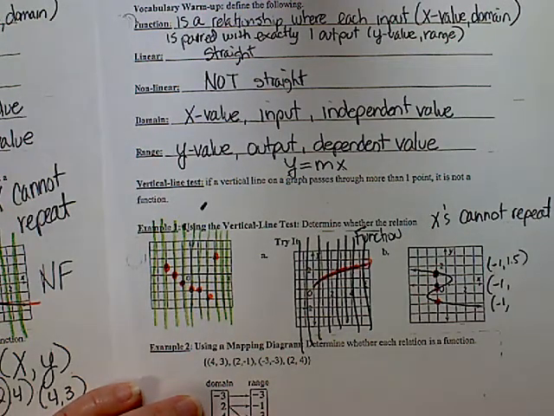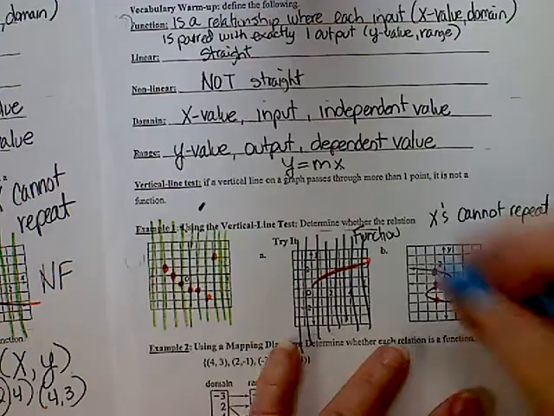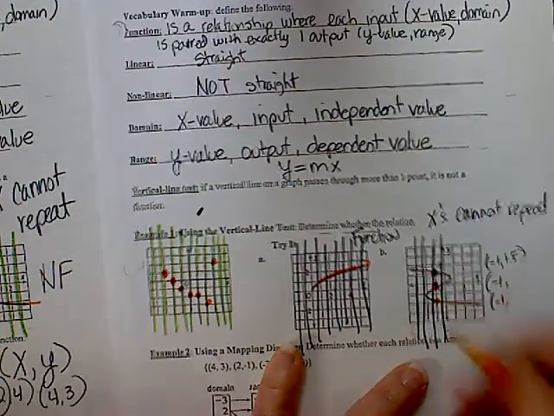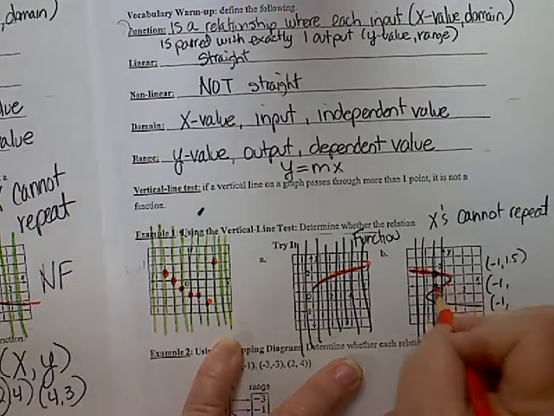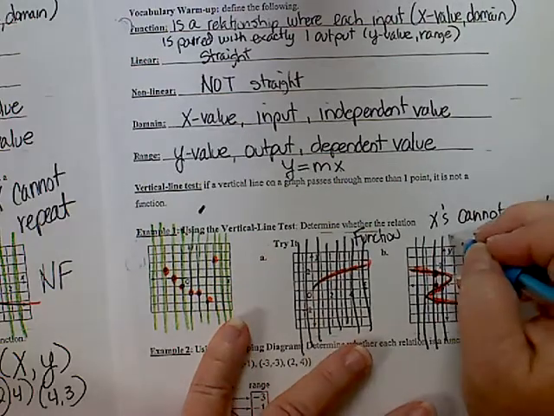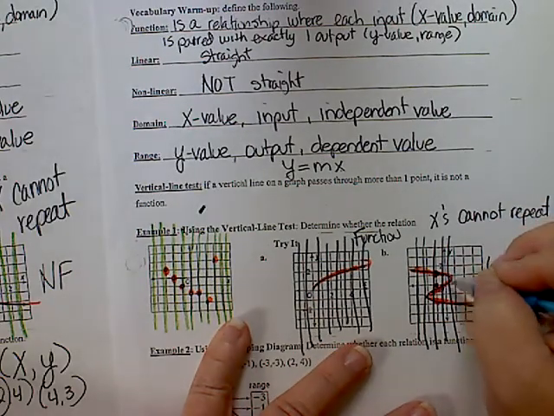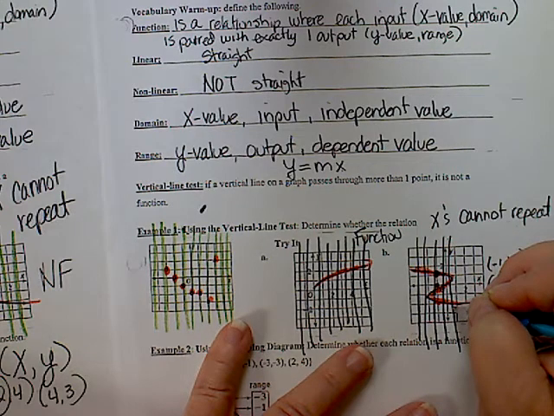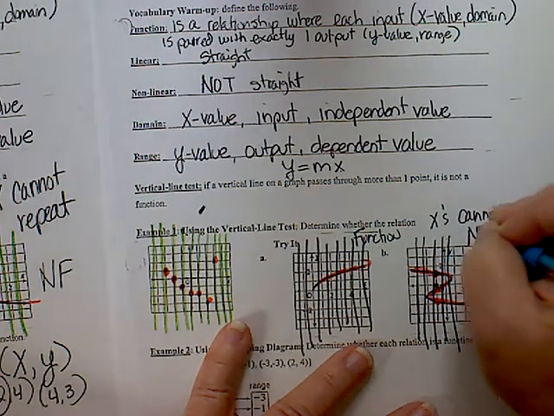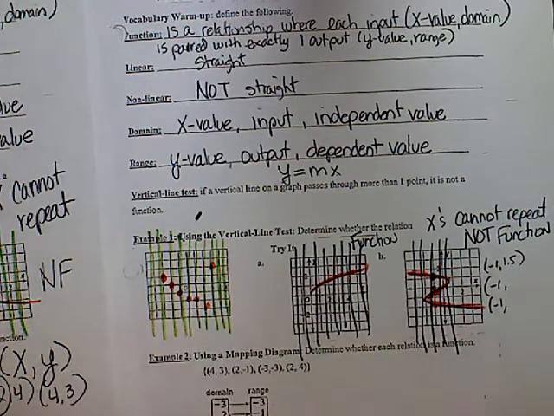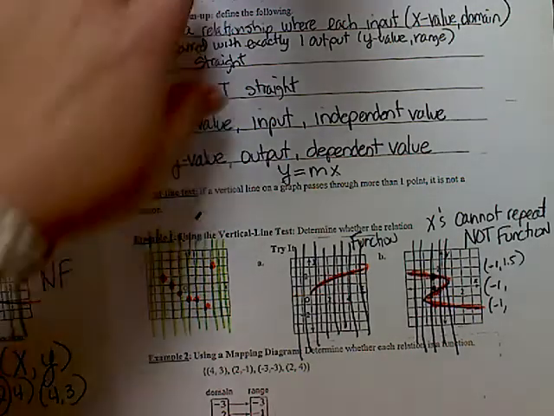That is why when I draw lines down, I am touching more than one part. I'm going to draw this line out in red so you can see it real well. When I draw my line down, I've touched it here, here, and here. So I'm touching more than one part of that line, which makes it not a function. That's called the vertical line test, and we can use it for graphs.